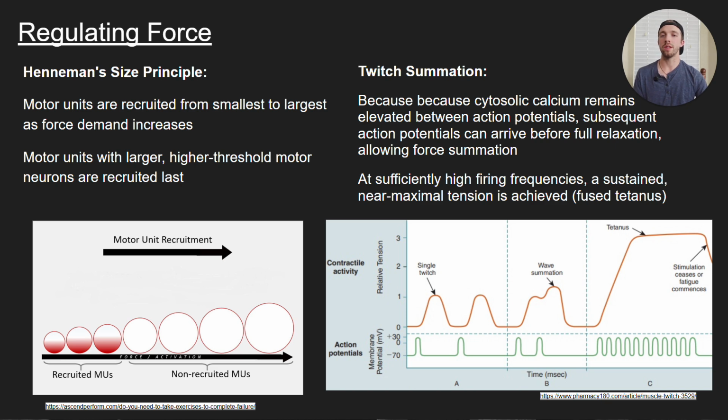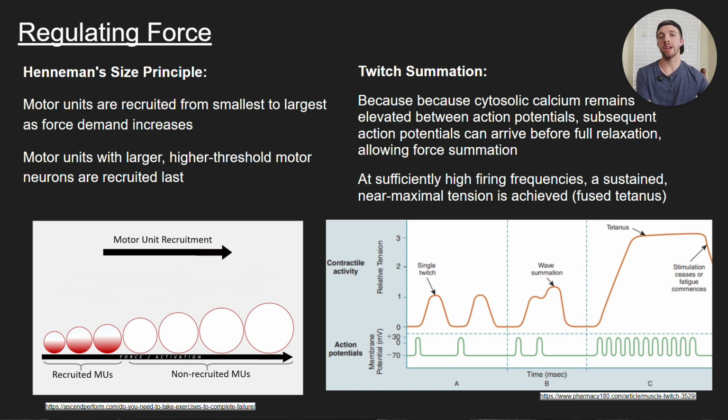The motor units with higher threshold motor neurons are therefore recruited last. This stays true for almost all force demanding muscle contractions. There are some niche cases where this principle is broken a little bit, but for the most part, they will be recruited from smallest to largest in rapid succession.